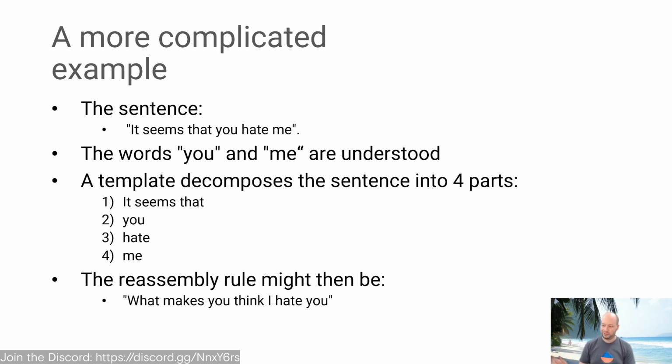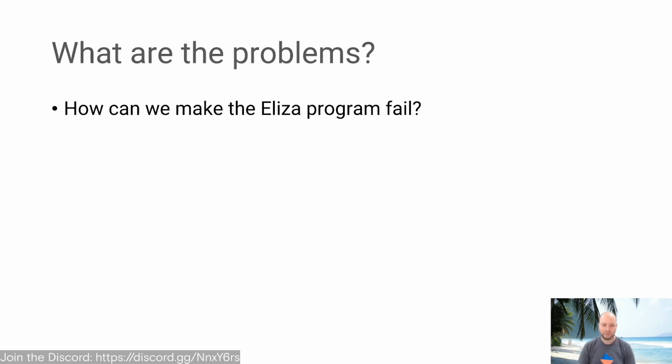But it is a way to carry along a conversation, and it's surprising how effective this is to trick people. More modern versions of this are not that different, except instead of a decomposition into a template, that template is a dynamic probabilistic model that does a little more reassembly and context, but the fundamentals are about the same.